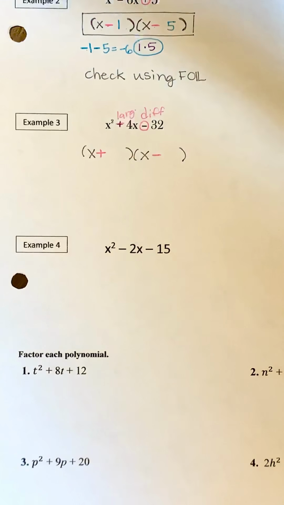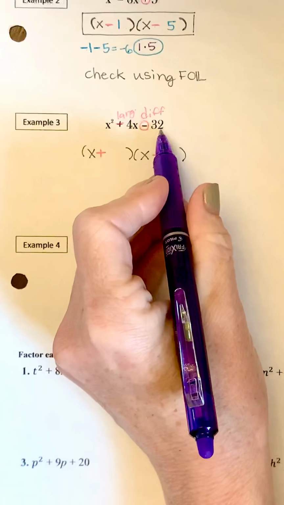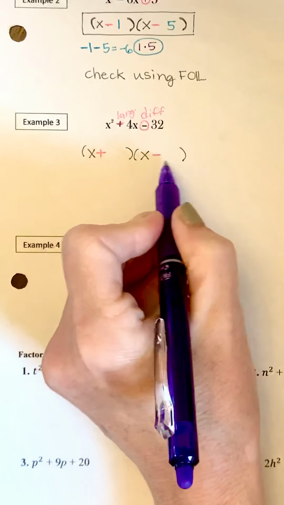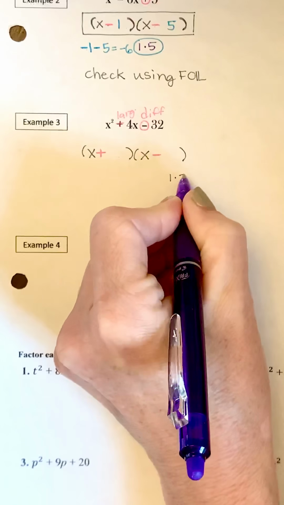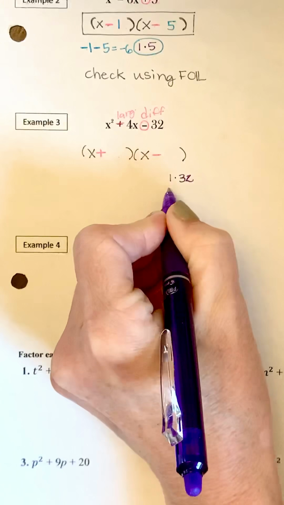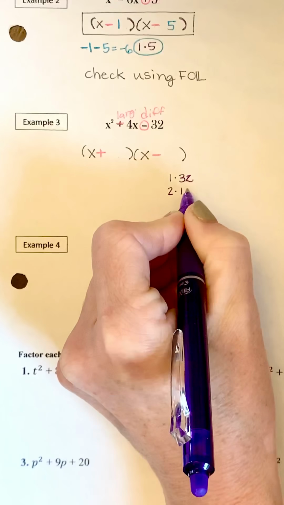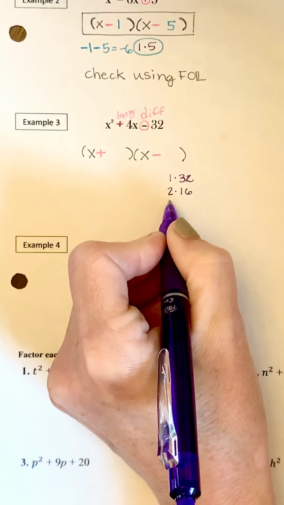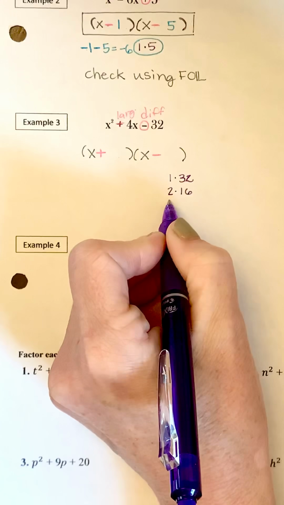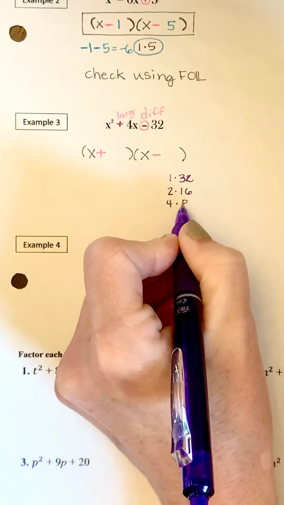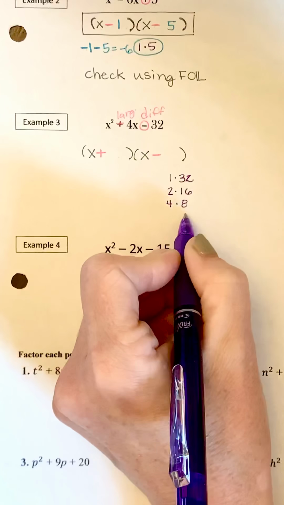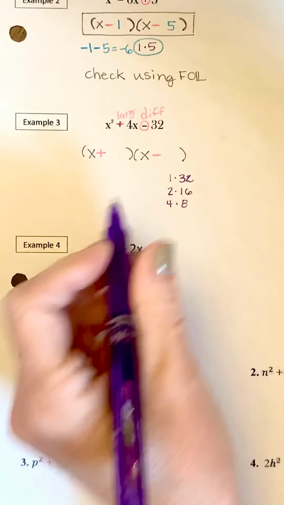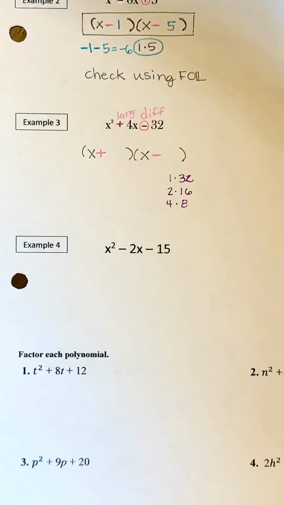Okay, step 3 is to list the factor pairs of 32, because remember, this number times this number will give me 32. So 1 times 32, 2 times 16, 3 won't go into it, 4 times 8, 5 won't go into it, 6 won't go into it, 7 won't go into it, and 8 times 4. Okay, so here's my factor pairs.